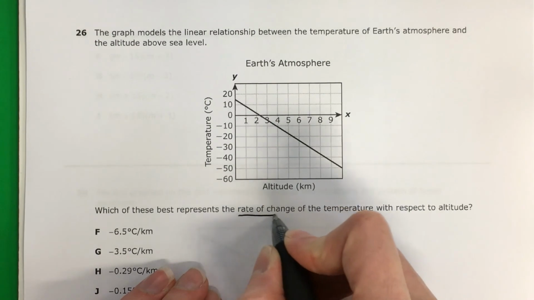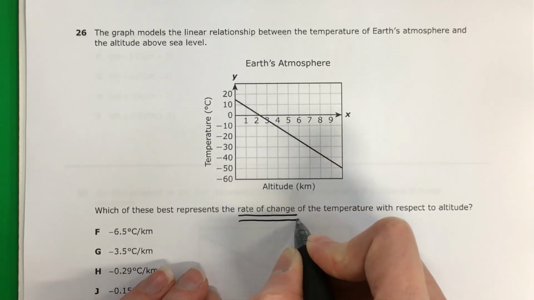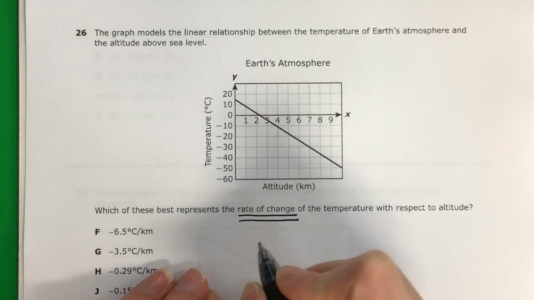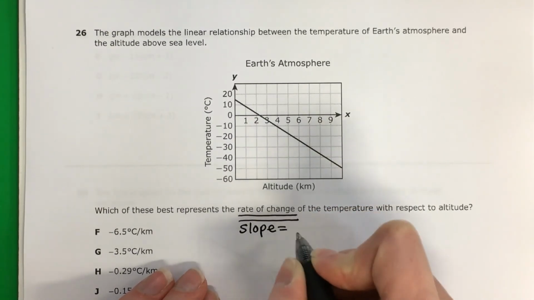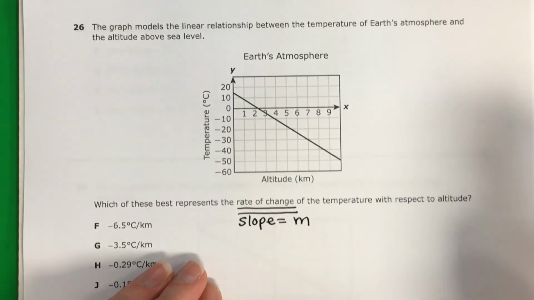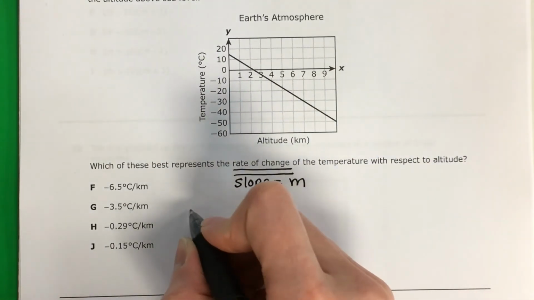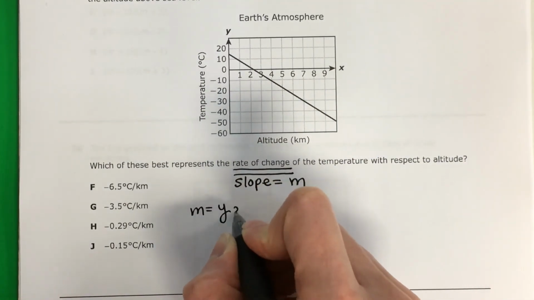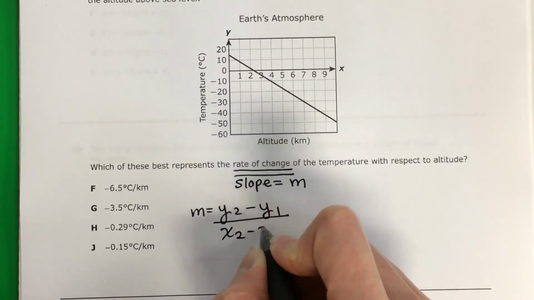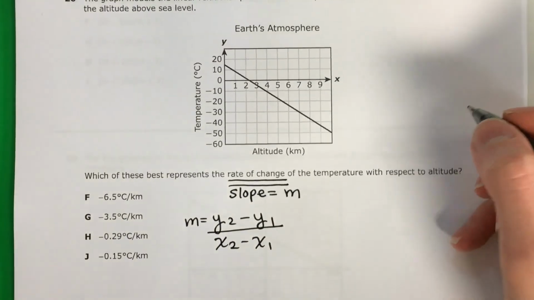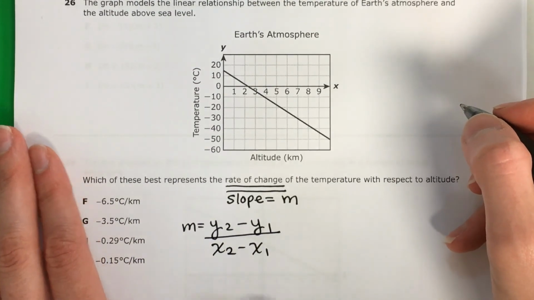So I'm looking for rate of change. Rate of change is another name for slope. And slope is the letter M. So I'm going to use my formula M equals Y2 minus Y1 divided by X2 minus X1. But to use this formula, I need 2 points.